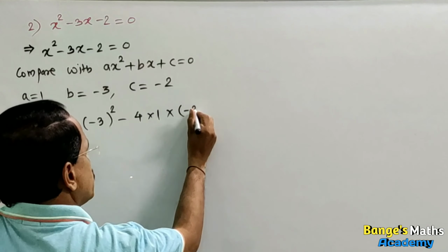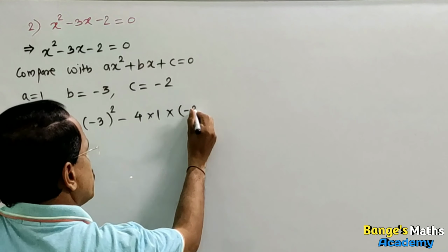Third example, 3m square plus 2m minus 7 is equal to 0. We have to solve the given quadratic equation by formula method. Write down the given example, 3m square plus 2m minus 7 is equal to 0.